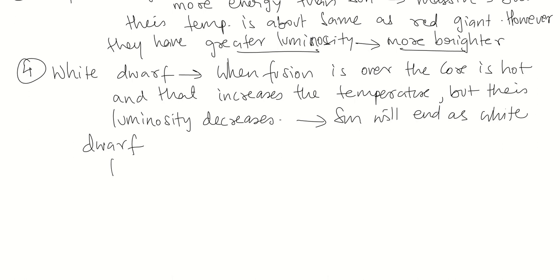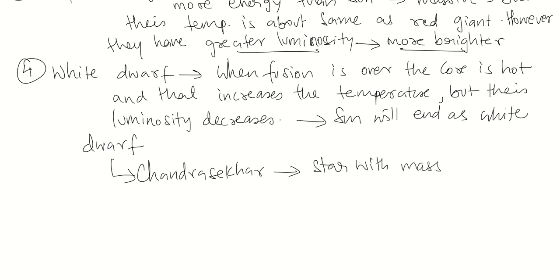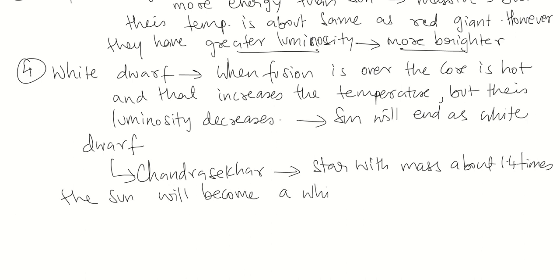And there was a scientist who is known as Chandrasekhar. So we have something called the Chandrasekhar limit, where he says that a star with mass about 1.4 times the sun will become a white dwarf.